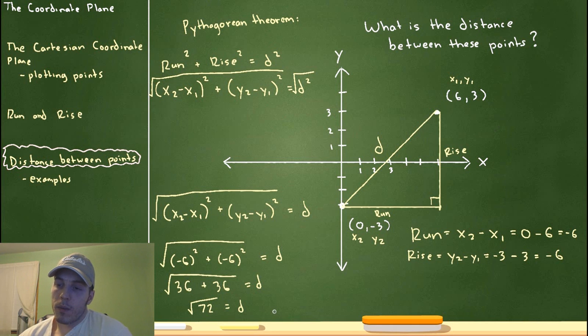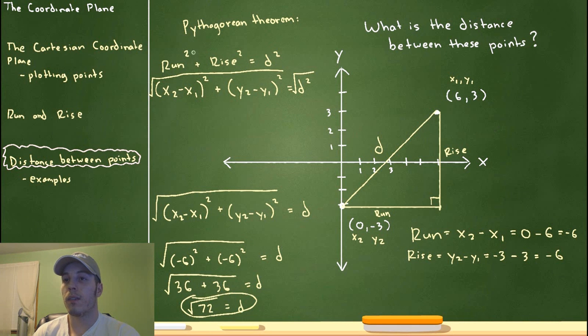We could reduce that to something called simple radical form, but we'll leave it as the square root of 72 for now. So that's our answer. And the important formula here is this one. This is the distance formula, either that version or down here.